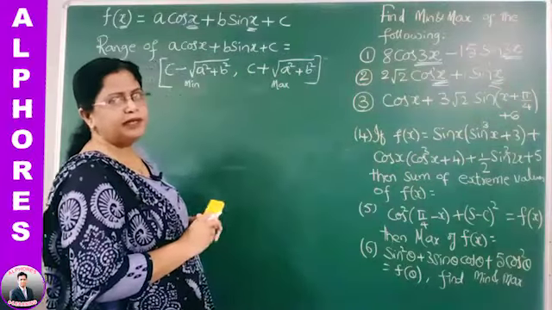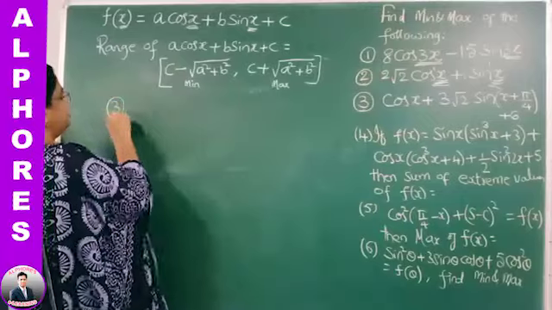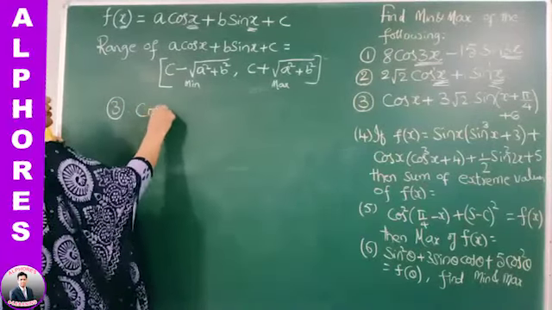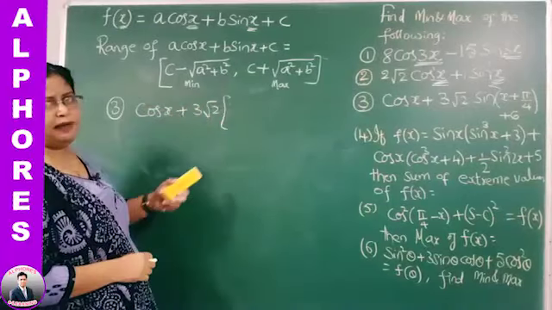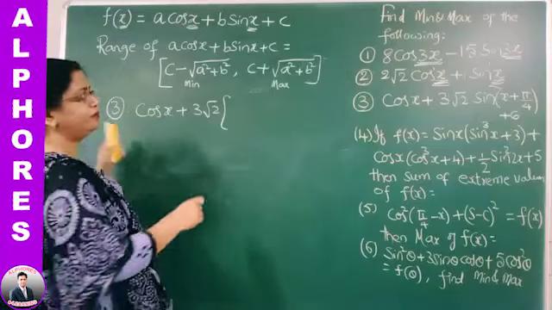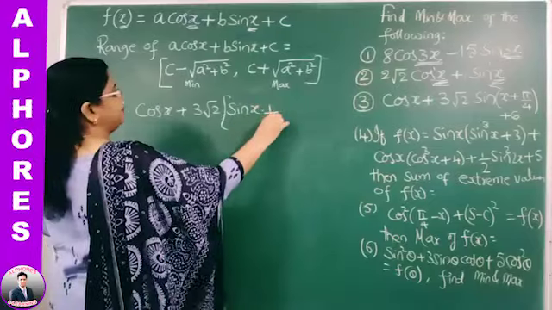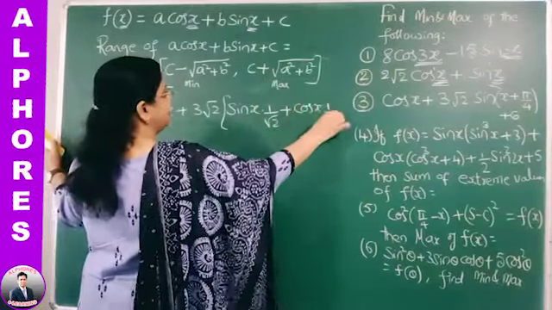Sin of x plus pi by 4. Understand? So for the third problem, we write cos x and next value plus 3 root 2. And now let us expand sin of a plus b, sin of x plus pi by 4, that is sin x cos pi by 4, that is 1 by root 2, plus cos x sin pi by 4, that is 1 by root 2.